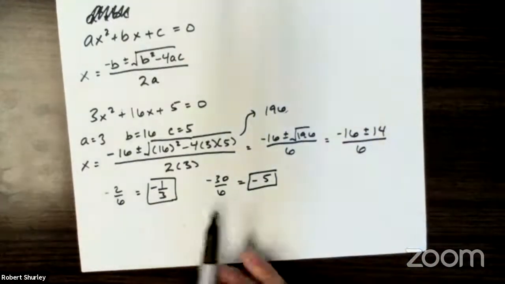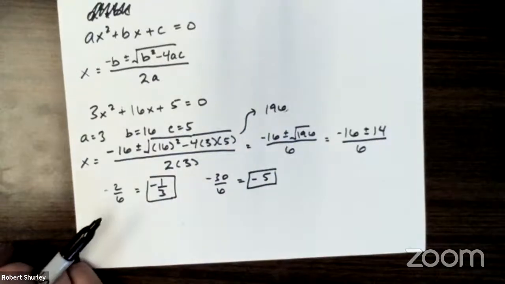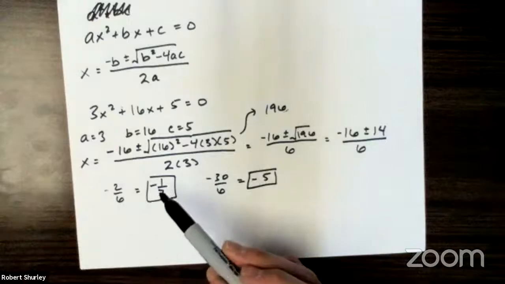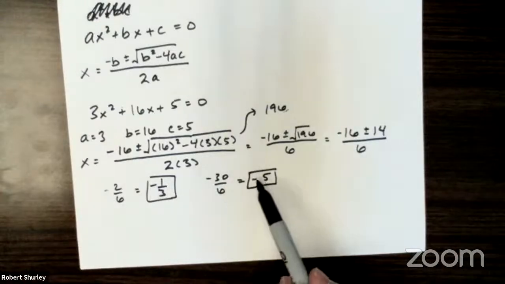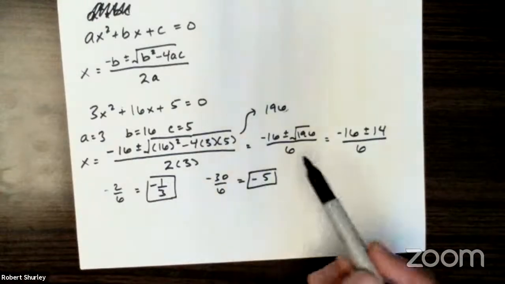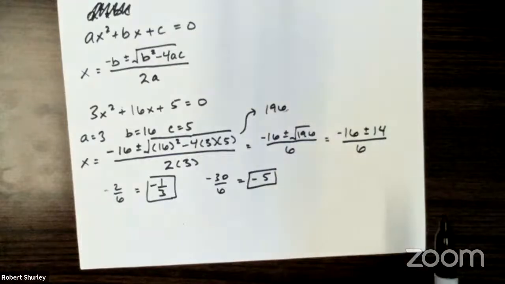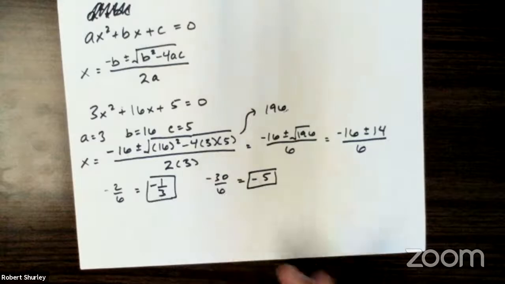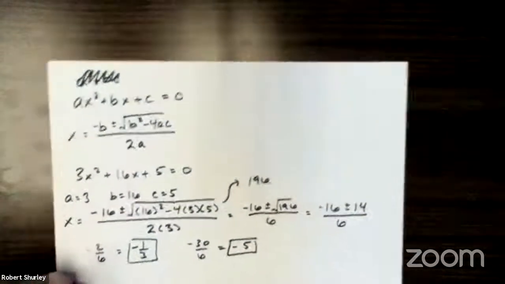And there's our 2 solutions, negative 1/3 and negative 5. And they turned out being 2 nice rational numbers, because we could take the square root. These wind up being nice, integer over an integer numbers.